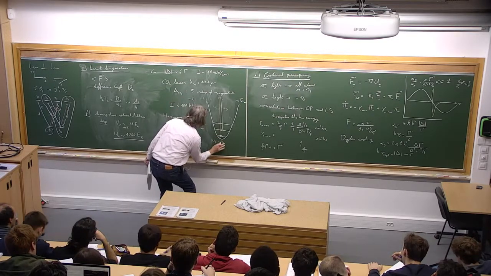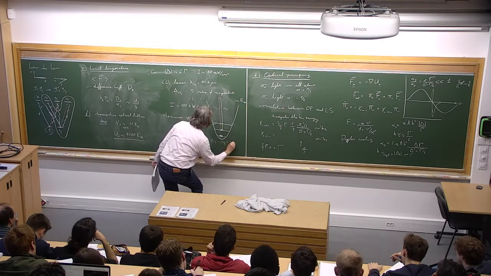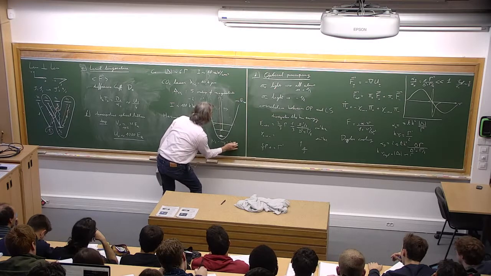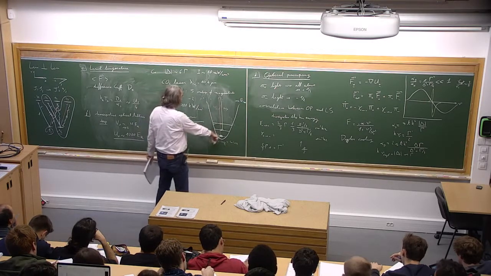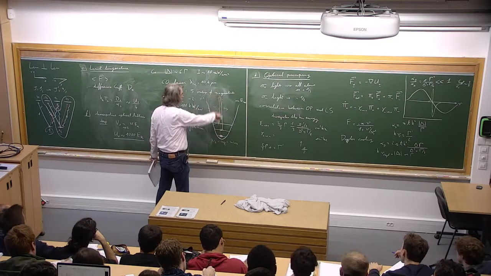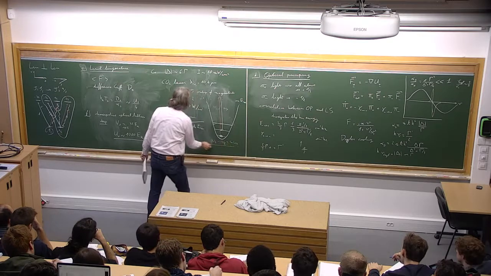So omega L minus omega P is equal to omega oscillation. And in this case, you will observe a gain on the probe for this condition.